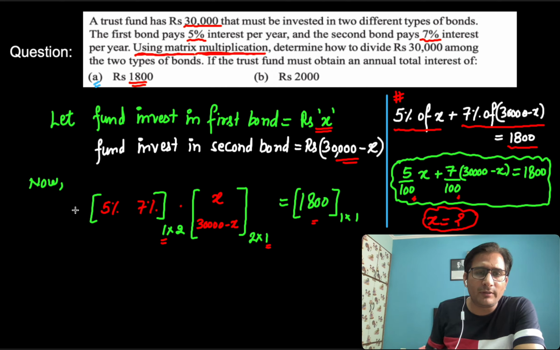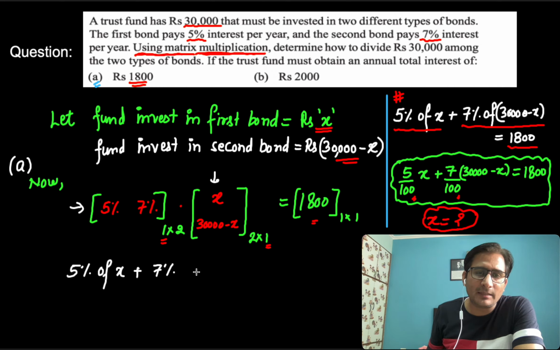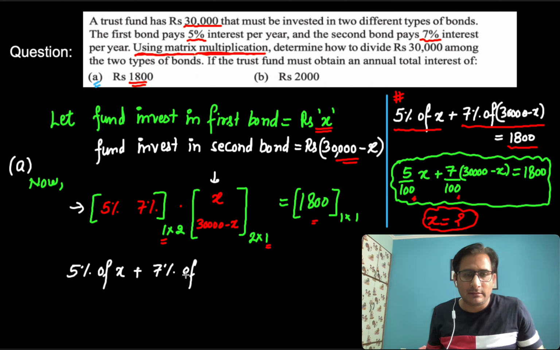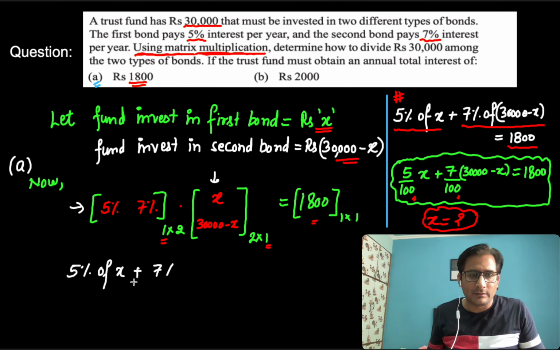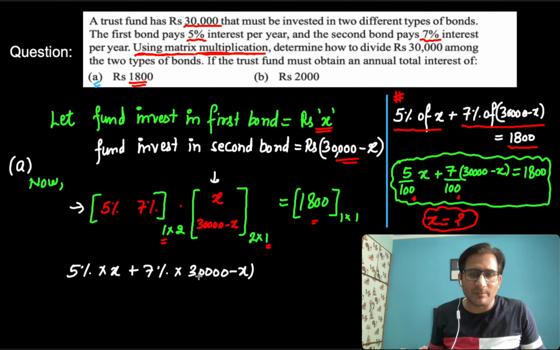So this is part A. Let us multiply 5% with x, plus 7% multiplied with 30,000 minus x, as in matrix multiplication, and it must be equal to 1800.